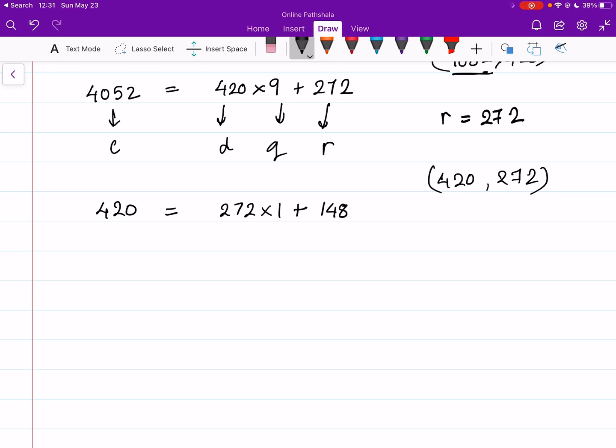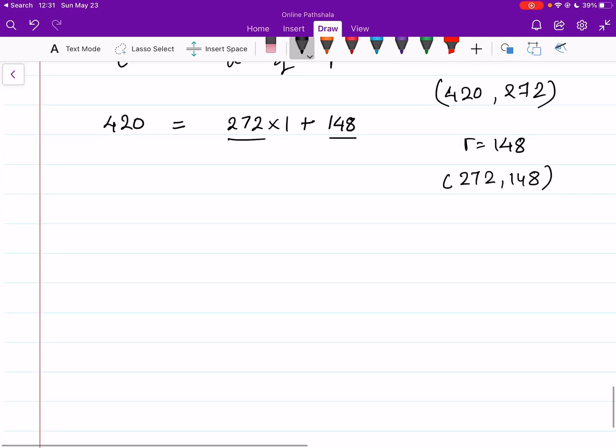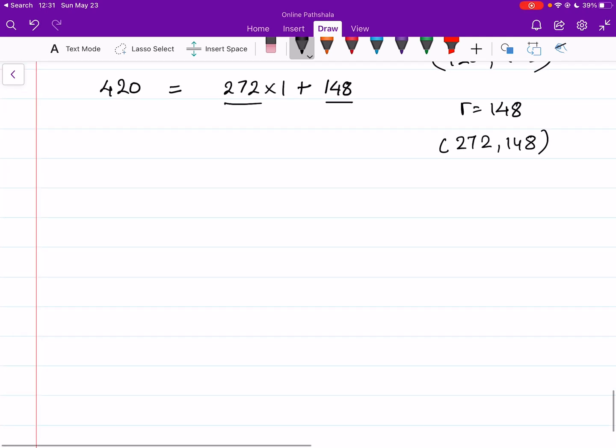That gives us the remainder R equals 148, which is not equal to 0. So we again apply the Euclid's division lemma to the numbers 272 and 148.